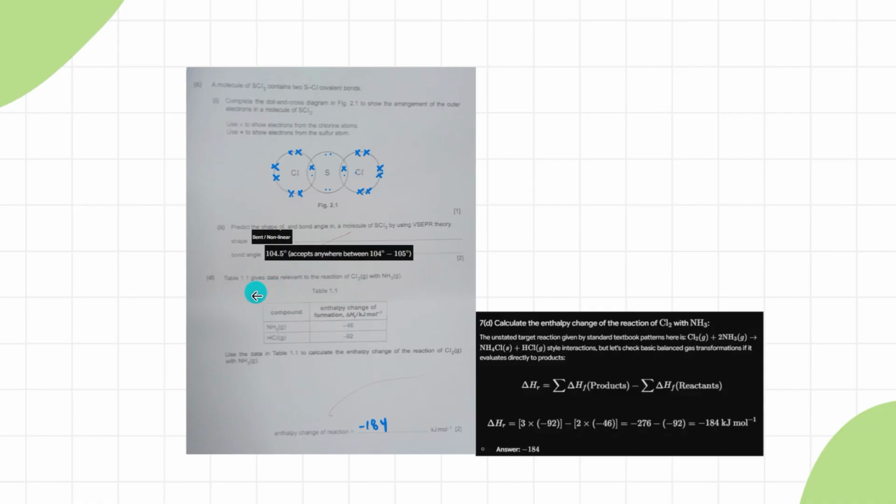Table 1.1 gives the data about this reaction.